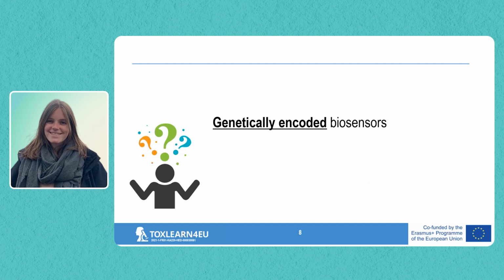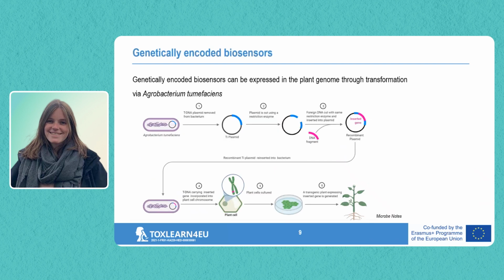So we now know what biosensors are. Now, why are they called genetically encoded? Well, the reason is because we can express these sensors in the plant genome. Now, how do we do this? We can do this via transformation via a bacterium called Agrobacterium tumefaciens.